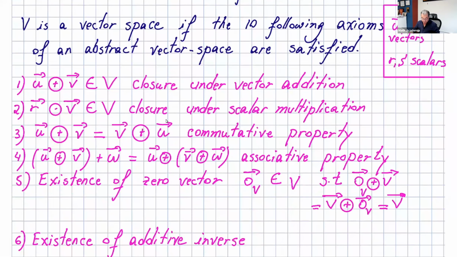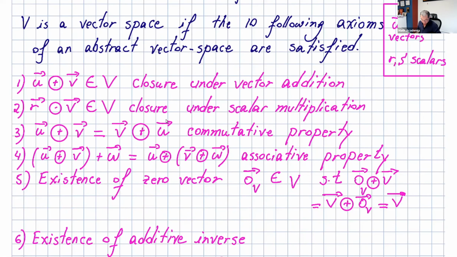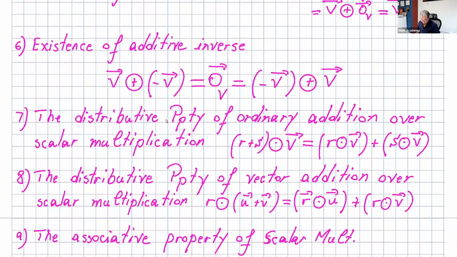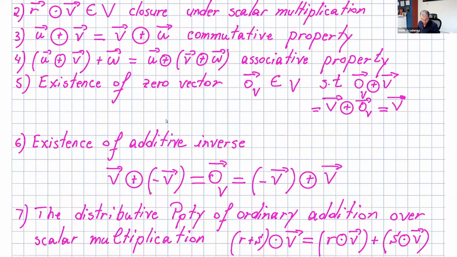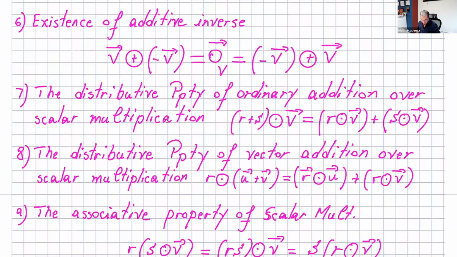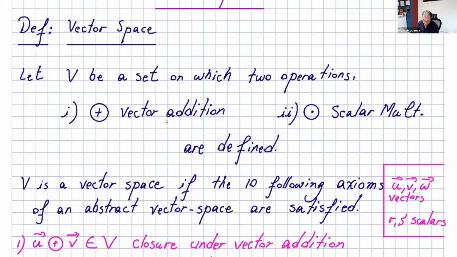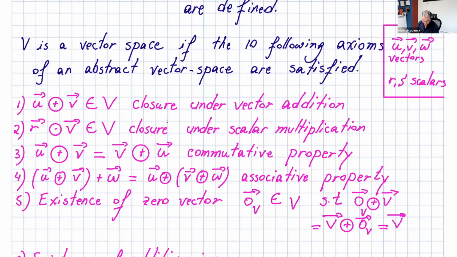The first 5 are about vector addition, and the second 5 are about scalar multiplication. I have all 10 of them here, kind of mixed up, but in the next video, I'm going to show you an example where the 5 and 5 are organized.